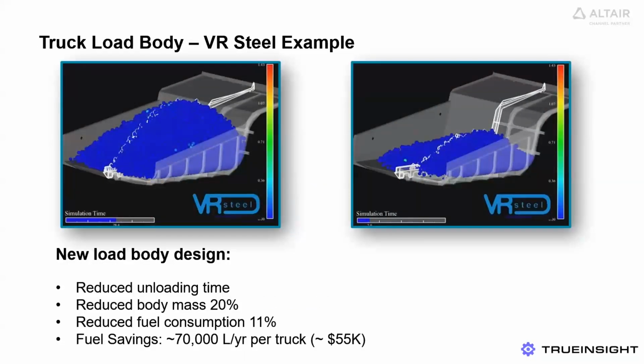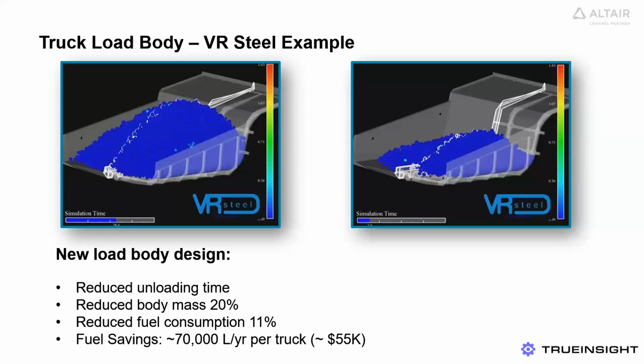This is an example of VR Steel in South Africa, who make equipment for the mining industry. Using EDEM simulations as virtual prototypes, VR Steel was able to simulate the loading and unloading pattern on both the conventional load body and their new lighter design, using a variety of materials at a fraction of the traditional physical prototyping and testing cost.